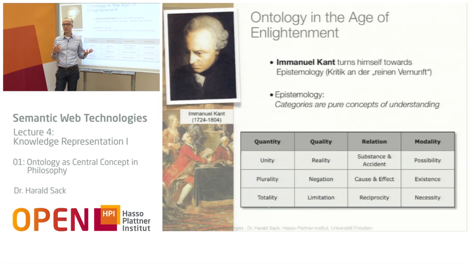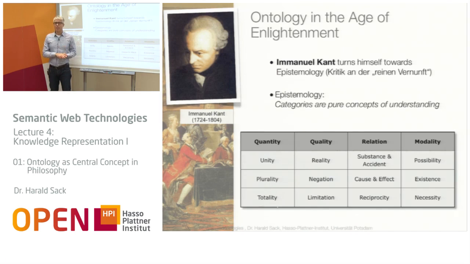For example, quantity, he distinguished unity, which means one, plurality, which means many, or totality, which means all. So if you look at these items, the first and the last are somehow contradictory or inverse of each other, and the middle one lies between them, as a compromise.